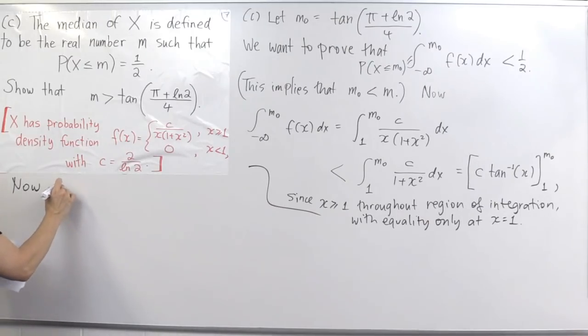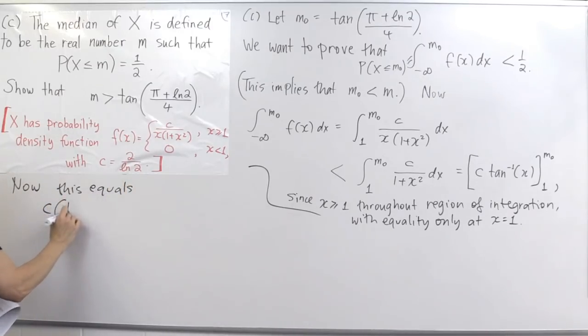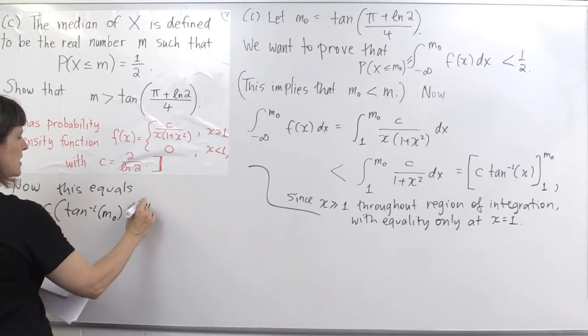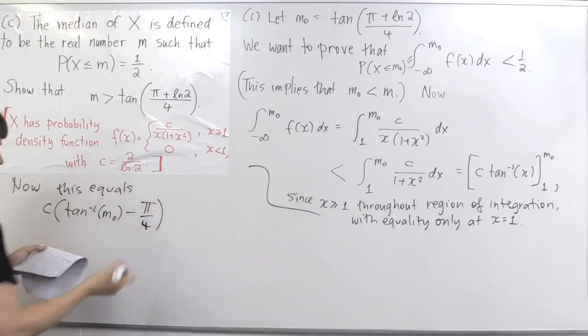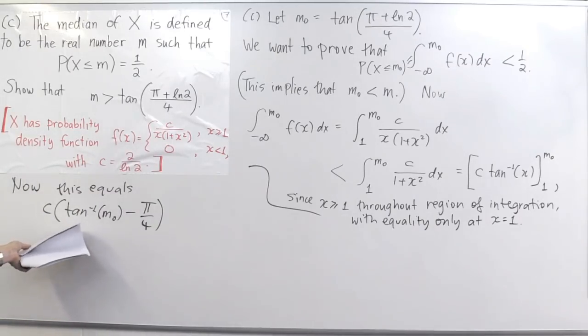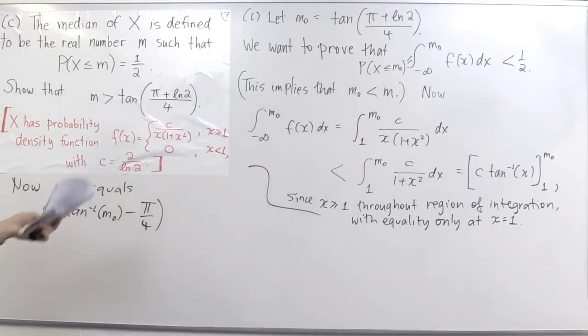So this equals c times tan inverse of m0, right, minus tan inverse of 1, which we saw before was pi on 4. And it's the inverse tan of the tan of something, which is lucky. So that value there will just come out.